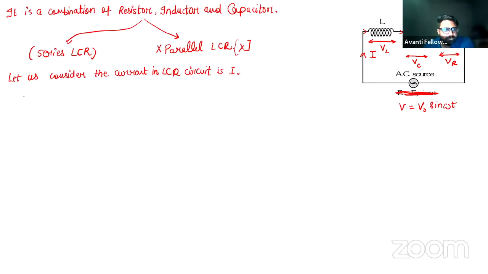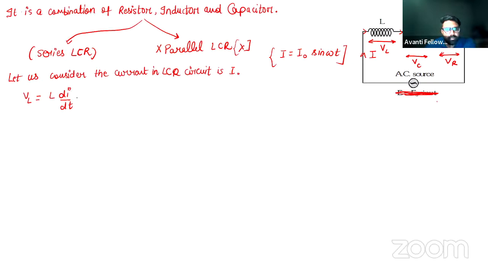Initially VL will become L di by dt, and let us assume I is nothing but I naught sine omega t. Initially, both voltage and current are in the same phase. This is the total applied voltage. Let's finish this too. Okay? We only talk about the current. Clear?